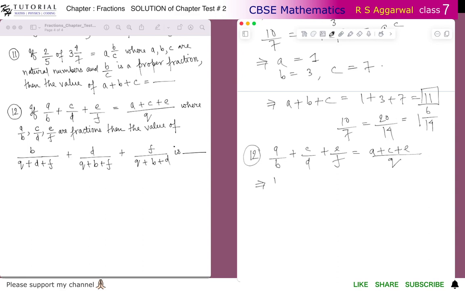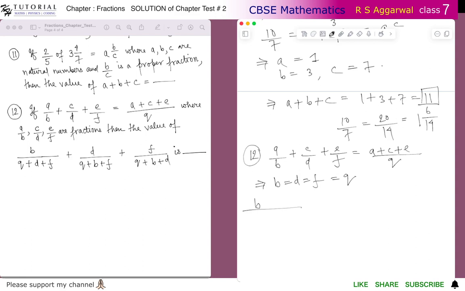This implies b = d = f. We do not know the value of b, d and f, and we need not know it. We just know that b = d = f, and obviously also equal to q. So now we got this information. Now we have to do the evaluation.